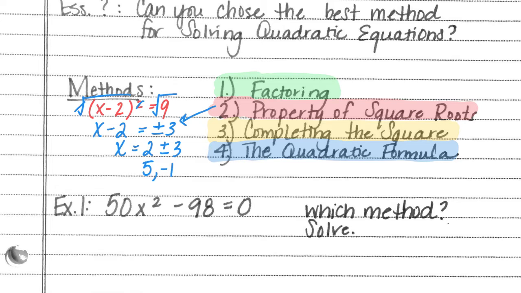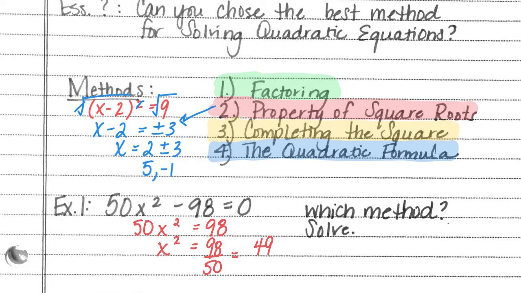Now, there's obviously multiple ways that we could do this, but I would probably use the red up there, the property of square roots. So I would probably add the 98 over, and then I would probably divide by 50. 98 divided by 50, which we know could simplify by 2.